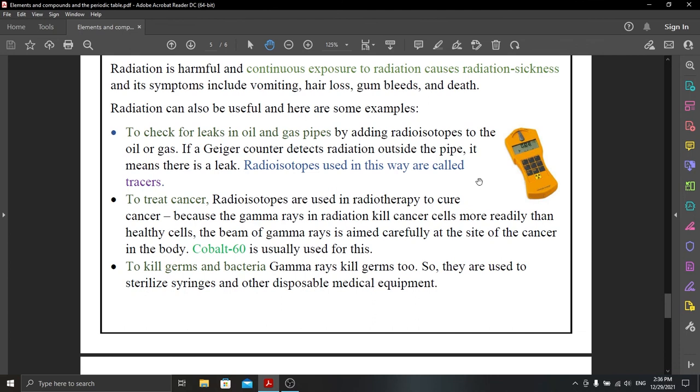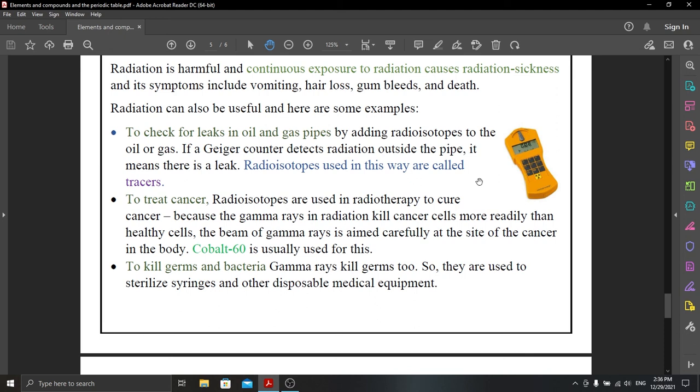All right, so we need a kind of radiation that kills the bad cells on a higher level than the good cells, so that we don't have to harm the patient so much, or we don't have to face very high side effects of radiation therapy. Okay, so yeah, the gamma rays kill the cancer cells more readily than the healthy cells. The beam of gamma rays is aimed carefully at the site of cancer in the body, and we use cobalt-60 for that purpose.